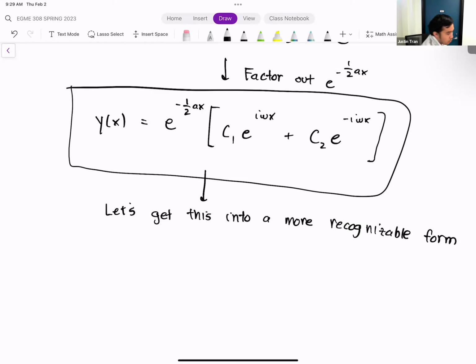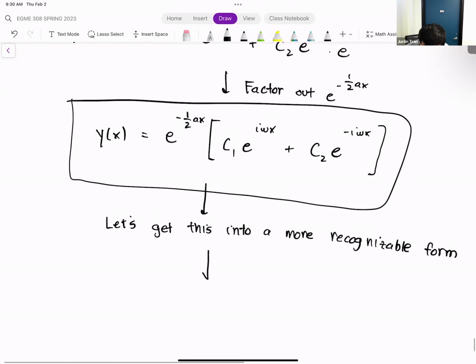Okay, let's get this into a more recognizable form. Because the complex exponentials are not usually something people like to see. And so to do this, we're going to utilize a special formula called Euler's formula.